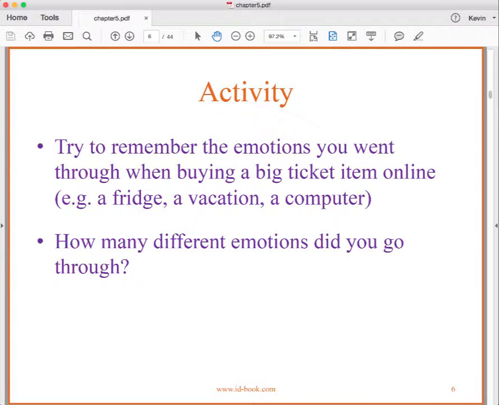So the activity, one of the activities that's suggested in the chapter is having us go back and think of some kind of really significant purchase that we made online. Of course, that assumes that we would make a significant purchase online. I know that I qualify. I've bought computers online, for instance, a vacation online, not a fridge, I don't think. And how many different emotions did you go through?